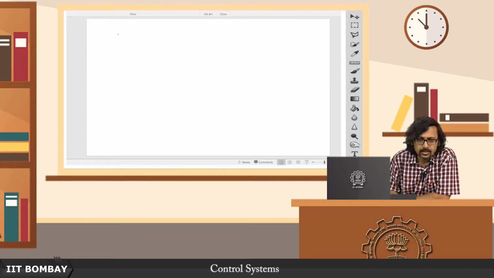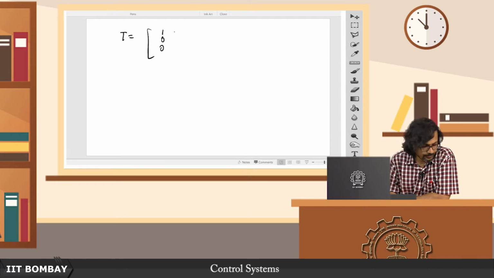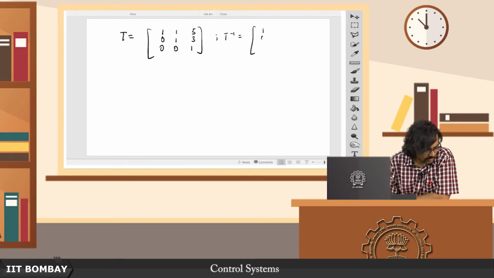But if you do not, let me remind you that we found this matrix T given by 1 0 0, 1 1 0, 5 3 1. Remember that this matrix was not unique, whereupon we also got T inverse given by 1 0 0, minus 1 1 0, minus 2 minus 3 1, okay.